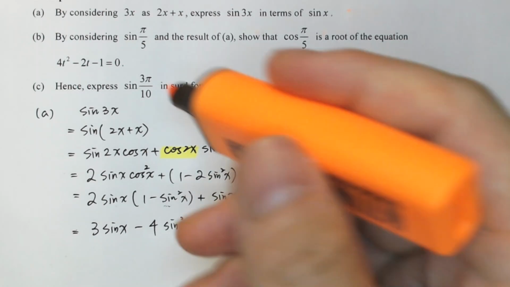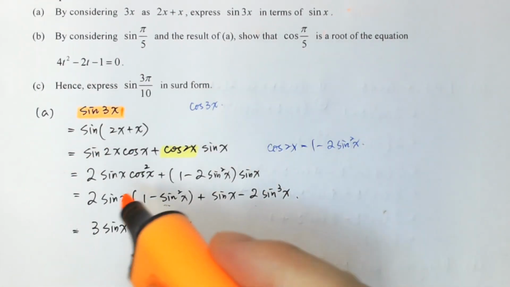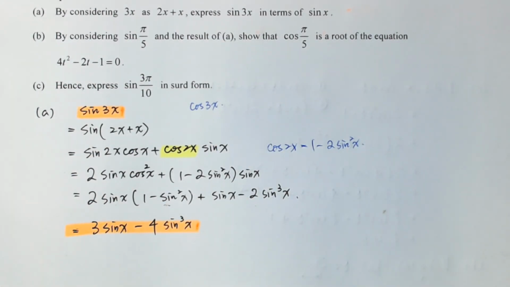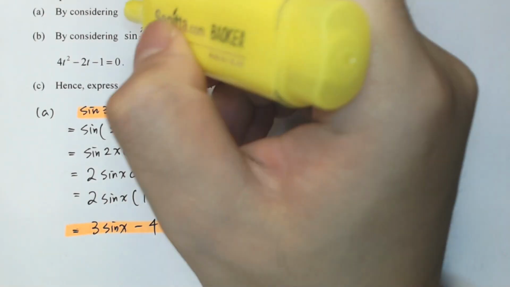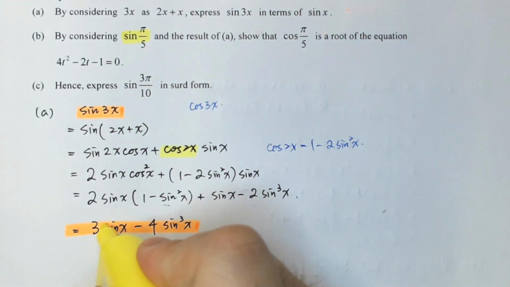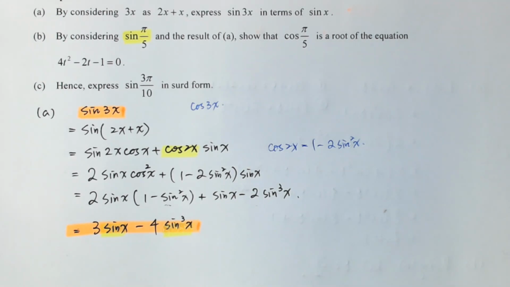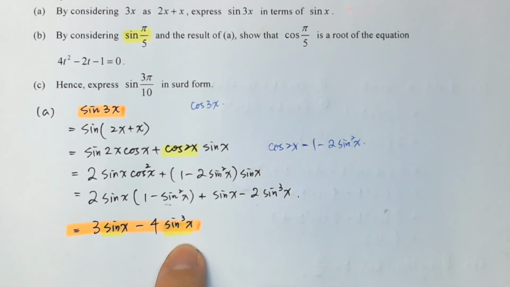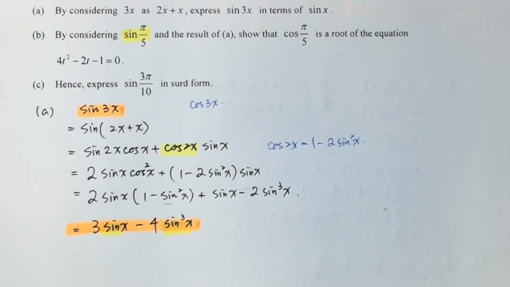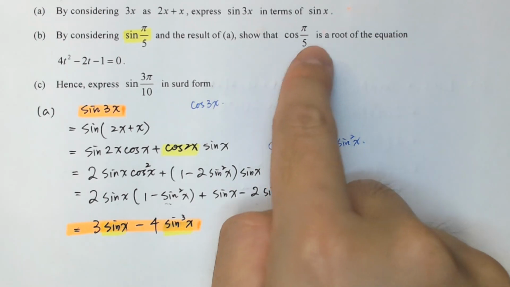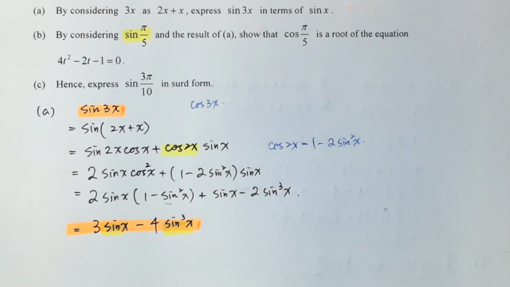We have expressed sine of 3x in terms of sine x, and you are asked to consider sine of pi over 5. So you would expect this term is something related to this one, right? It may be the hint, it may be the result, since you know that sine pi over 5 and cosine pi over 5 are closely related.